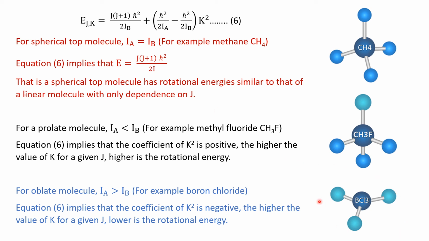So this oblate molecule has energy less than the spherical molecule, and the prolate molecule has energies greater than the spherical molecule. So you can say that the spherical molecule has energy in between the prolate and oblate molecules.